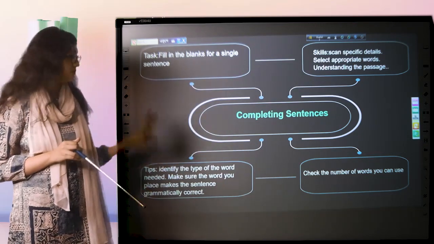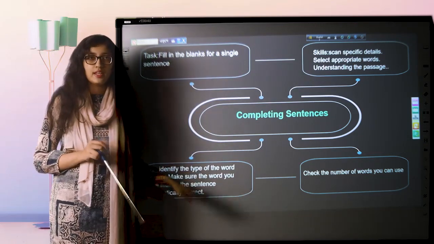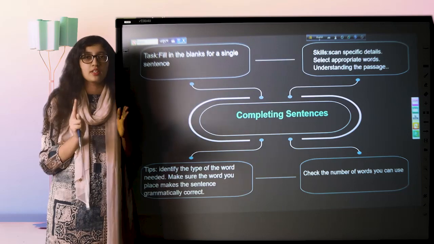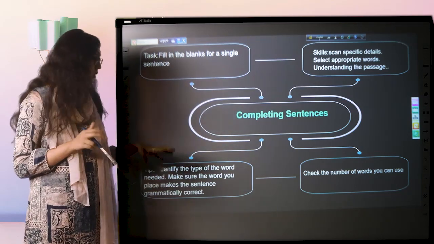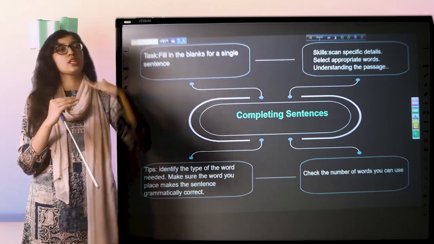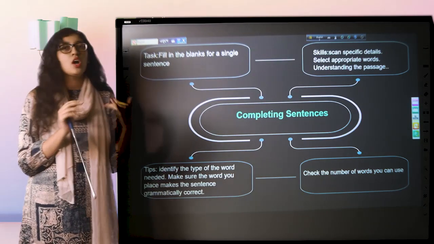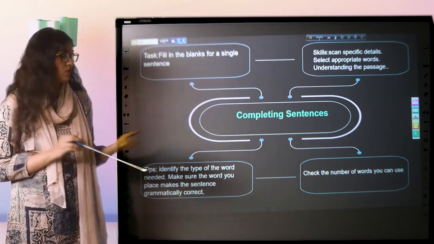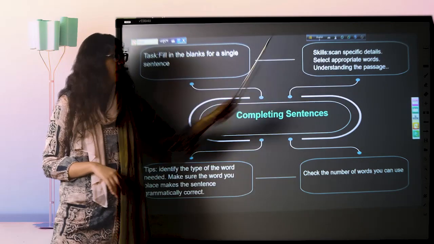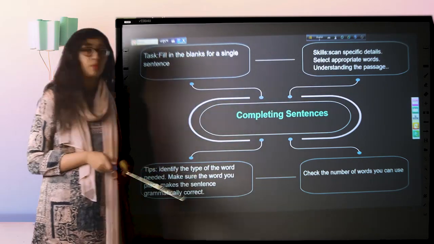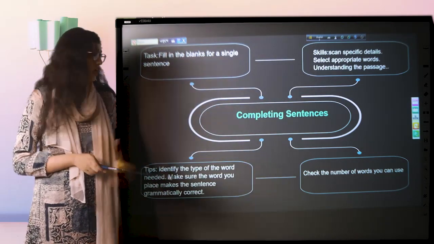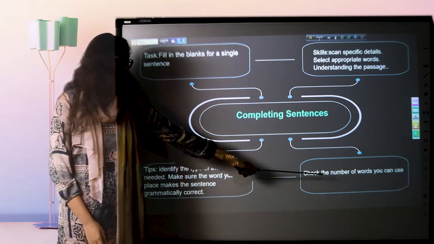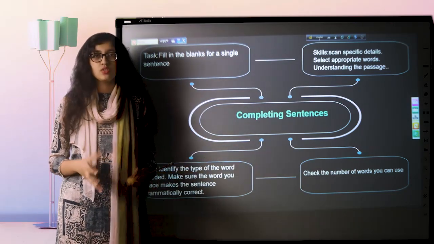And when you do so, make sure that the word you put in makes the sentence grammatically correct. And so this way you know whether you need to use a verb, a noun, or an adjective, and so on. You should be able to scan specific details and select appropriate words by understanding the passage. And you should always check the number of words that you can use for each blank.